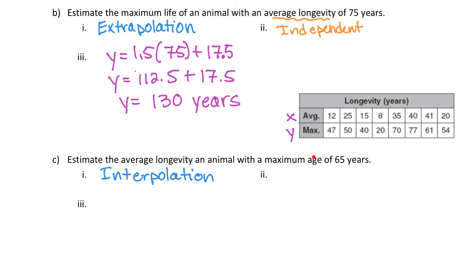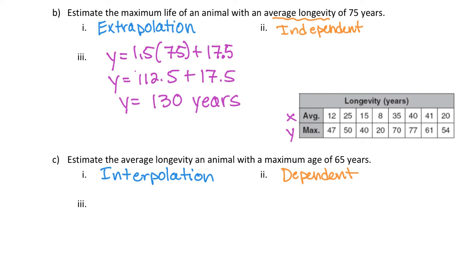All right, so we were given the Y value, the 65 years. So were we given the independent or the dependent variable? And that is in your notes right at the top of this page. So that is the dependent value. When I set up my equation this time, I've been given the Y value.